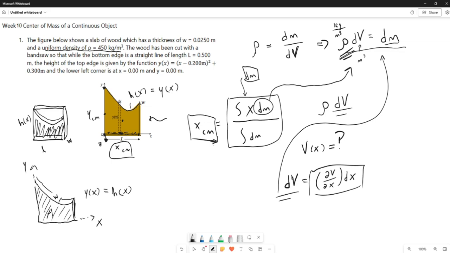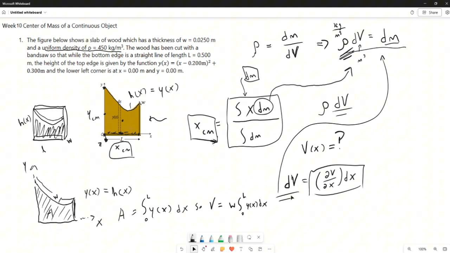And so then we know the area that this curve makes is the integral of h of x, or I should say y of x, from 0 to L dx, would be the area. And then our volume is just the width times that, width times the integral from 0 to L of y of x dx.